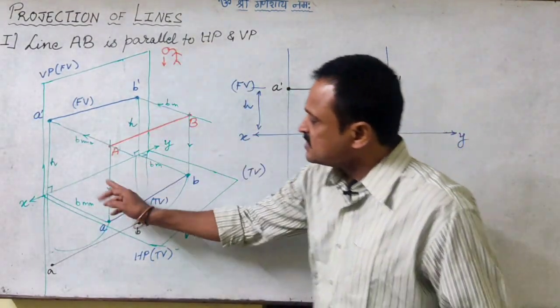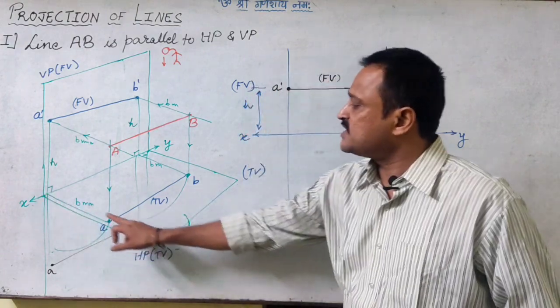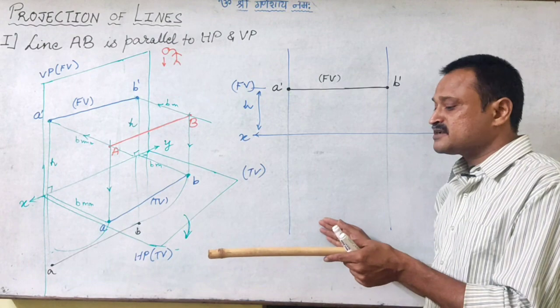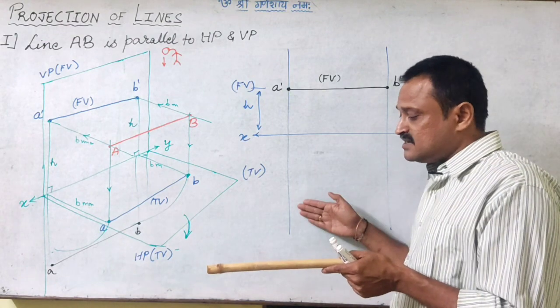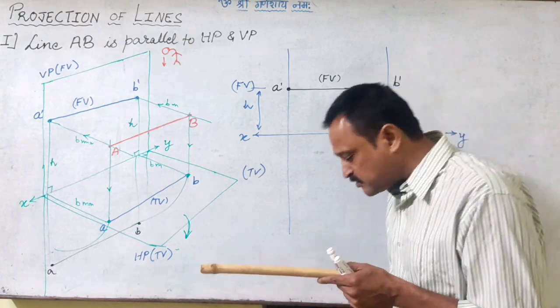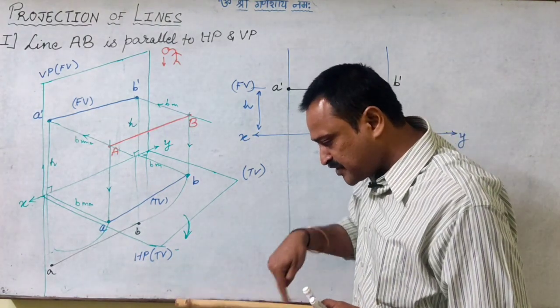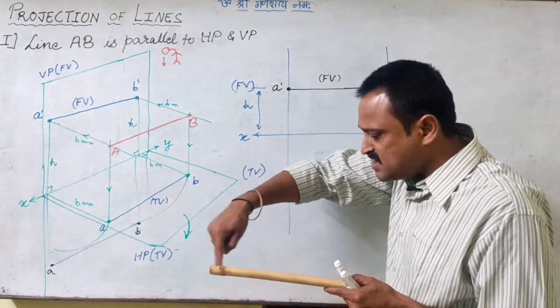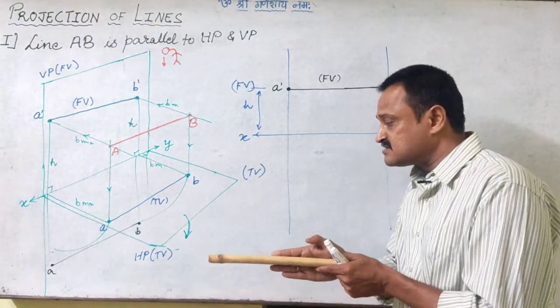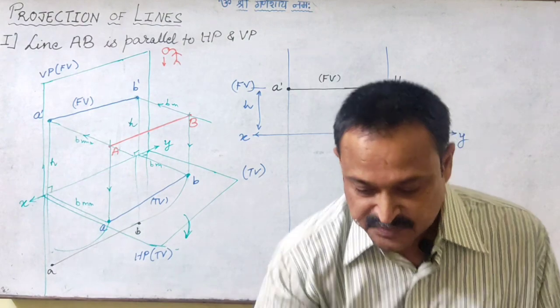Similarly, for the top view, the distance of A from XY is B, and the distance of B is also B millimeters from XY. Why? Because the line is parallel to VP. So when the line is parallel to VP, when I am looking at it from the top, the distance of B and the distance of A will be visible, which are the same as the line is parallel to VP.